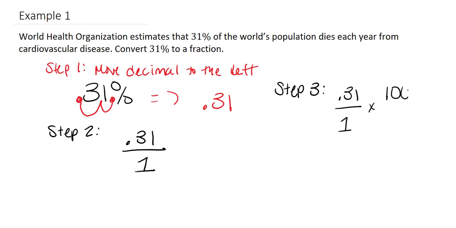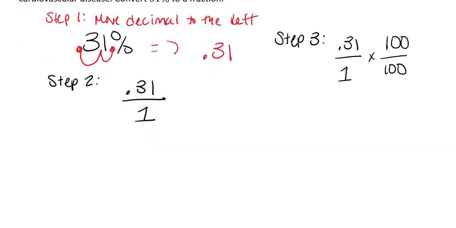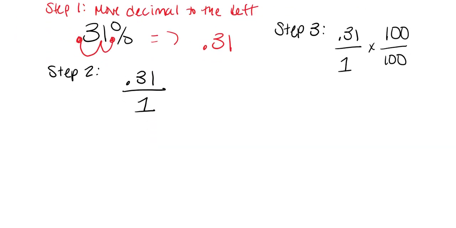So we have to do 100 because we have 2 numbers after the decimal. So we have 0.31 times 100. Now, we know if we multiply any number by 100, we can move the decimal to the right twice, or we can just go ahead and do the multiplication.